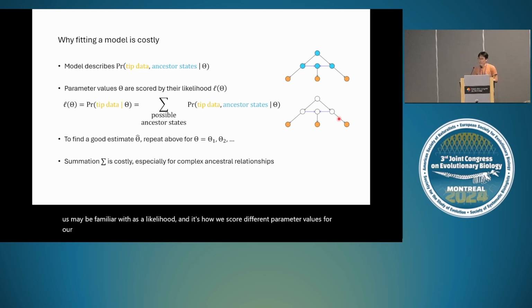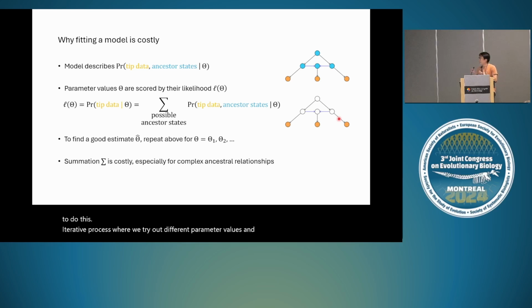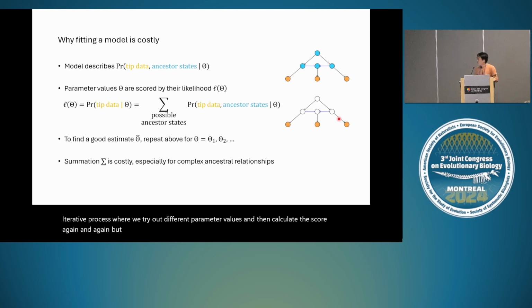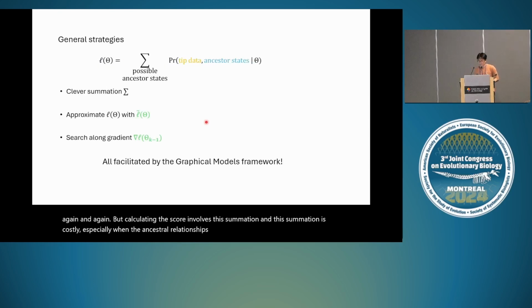In some cases, we may have exact formulas for getting the best parameters for a given model, but if we don't, then we have to do an iterative process where we try out different parameter values and calculate this score again and again. But calculating this score involves a summation, and this summation is costly, especially when the ancestral relationships are complicated.